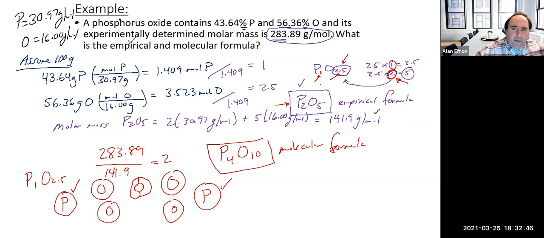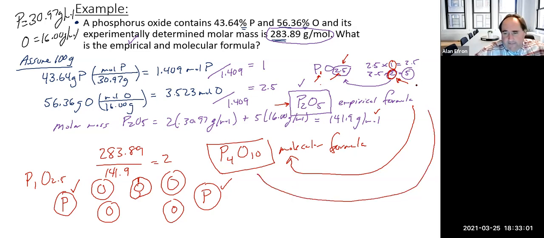We worked it from empirical formula to molecular formula. Because you have the percentages, you could work it from molecular formula back to empirical formula. I know I missed the empirical formula, we'll just do a U-turn. So we can work it the opposite way. I'll show you that approach as well, and you can choose whichever way you like.